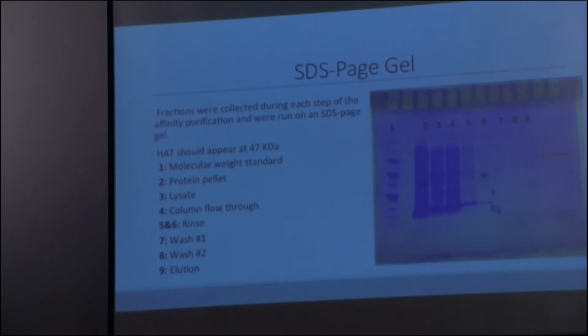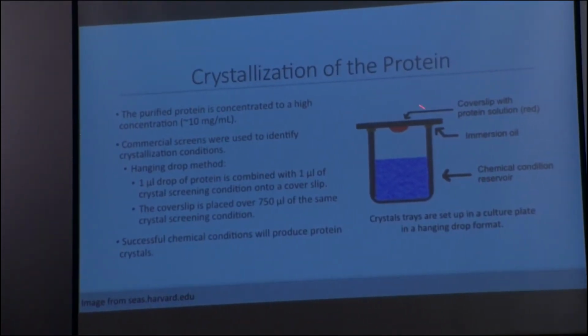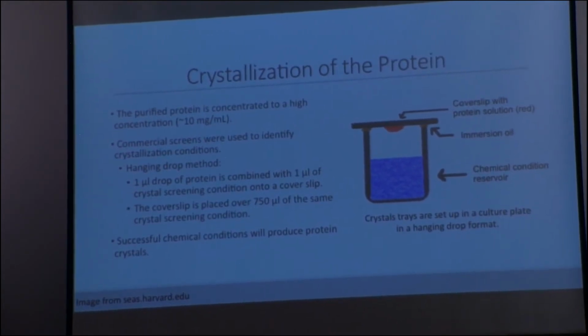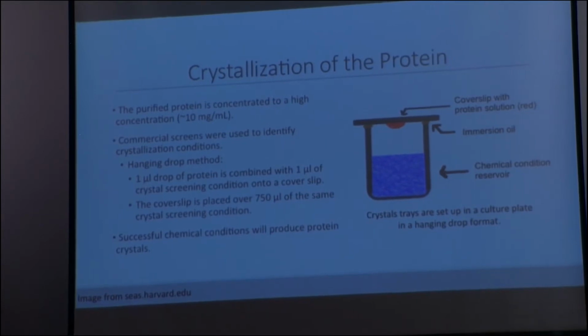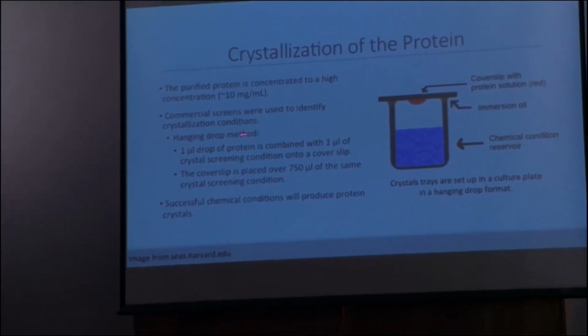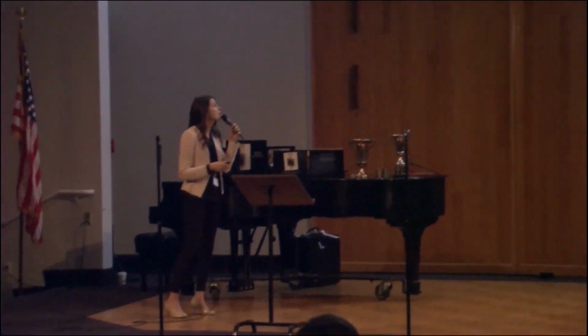So basically, the important factor here is creating an environment to form these crystals. We're using commercial crystal screens that have been shown in the past to produce crystals, and we use a variety of them.